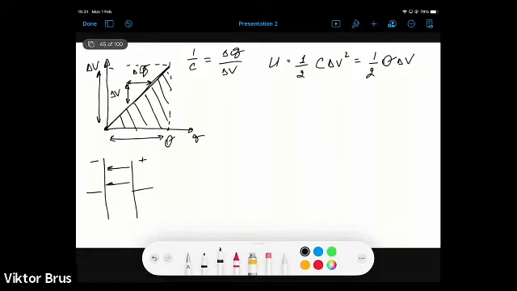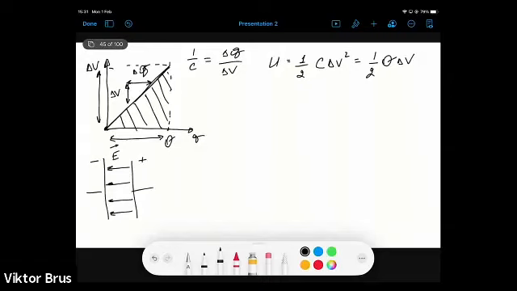Assuming that we have large plates, much larger than the distance between the plates, we have a certain uniform electric field inside this capacitor.